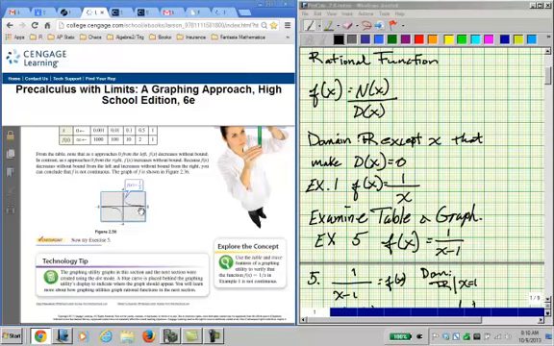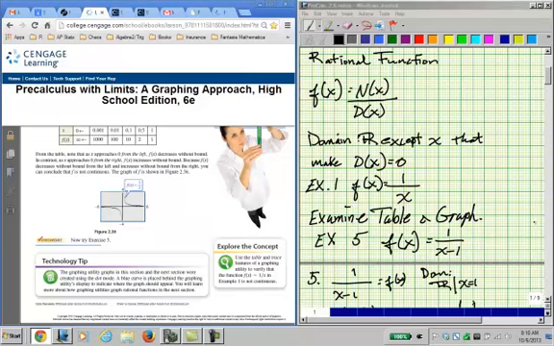As x goes on to infinity, I'm sorry, as x goes on to infinity, y approaches 0 but never reaches it. So we have a horizontal asymptote at y equals 0. Then we have a vertical asymptote at x equals 0.